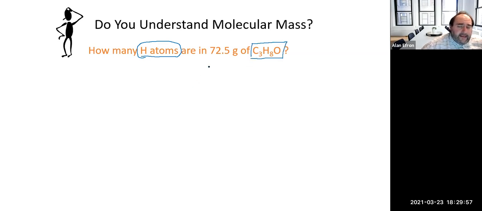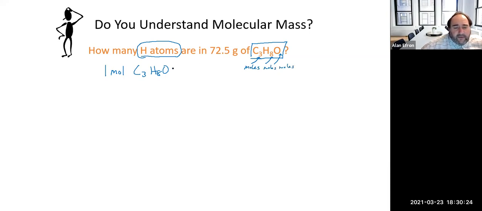So we can basically use the formula as a conversion factor. And we could say in 1 mole of the entire thing, these numbers that we see on the bottom, these subscripts, and 1 for that guy at the end, represent how many moles there are of each of these guys.